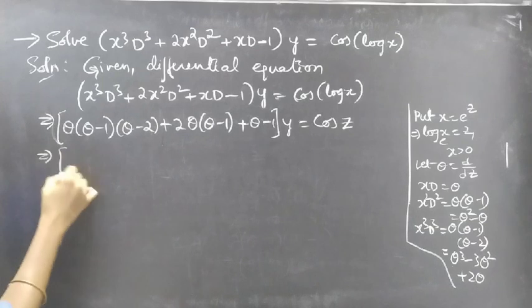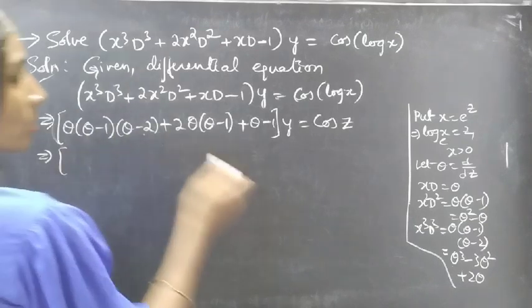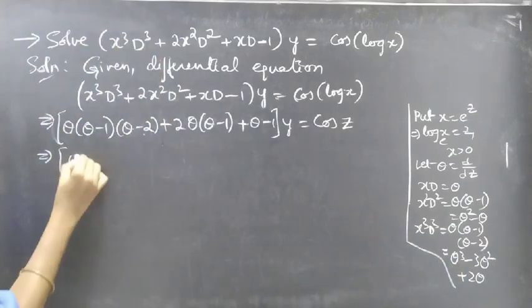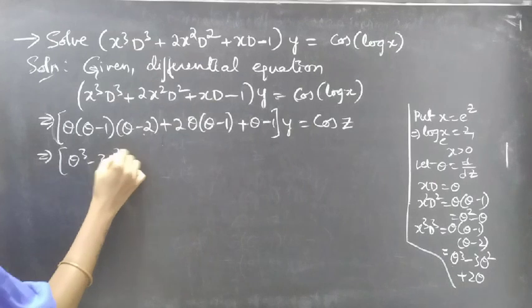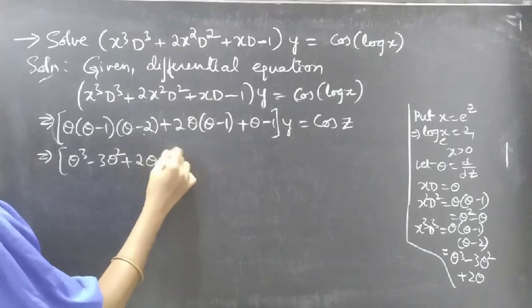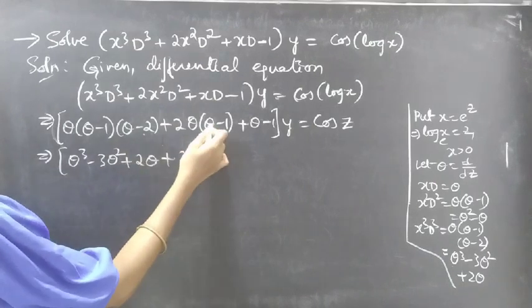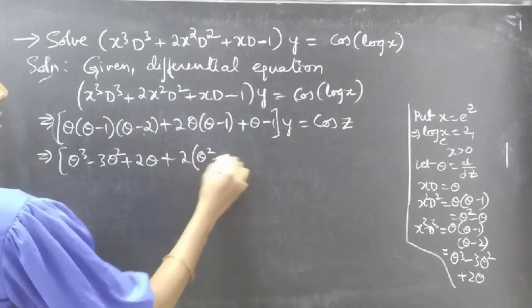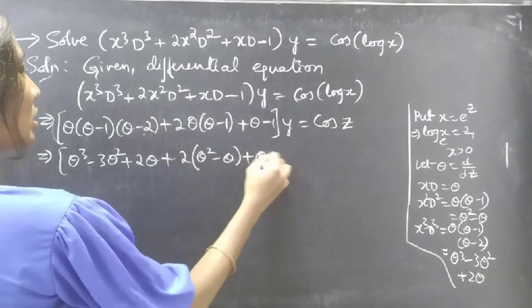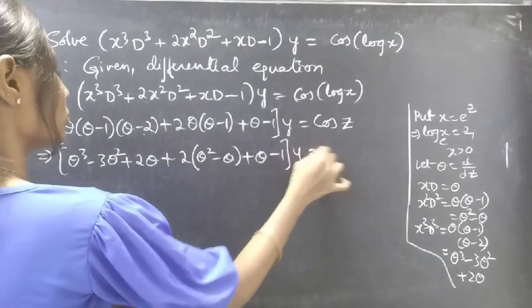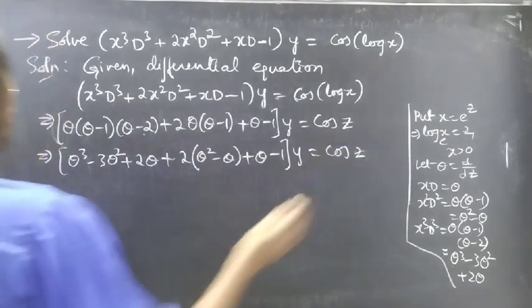Then theta of theta minus 1 into theta minus 2 is theta cube minus 3 theta square plus 2 theta, plus 2 into theta of theta minus 1 is theta square minus theta, plus theta minus 1 into y equals cos z.